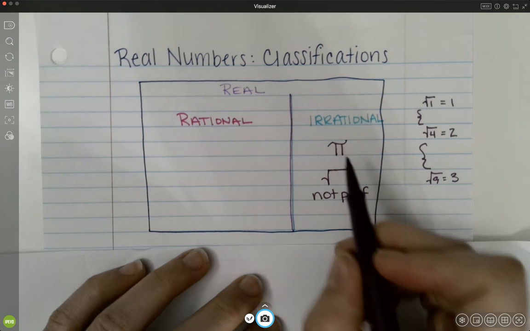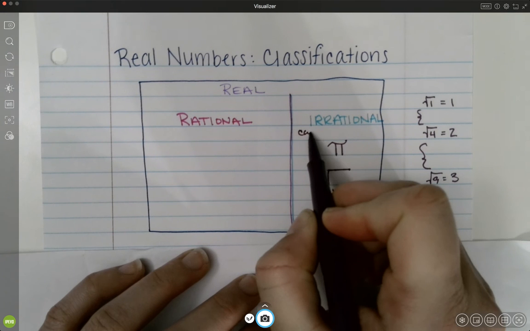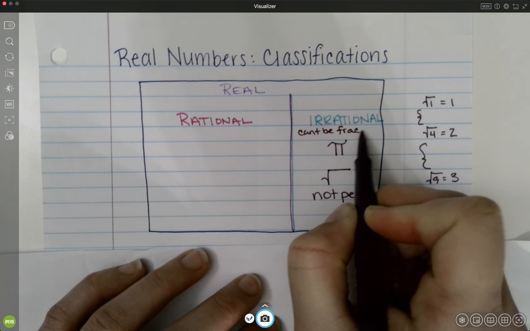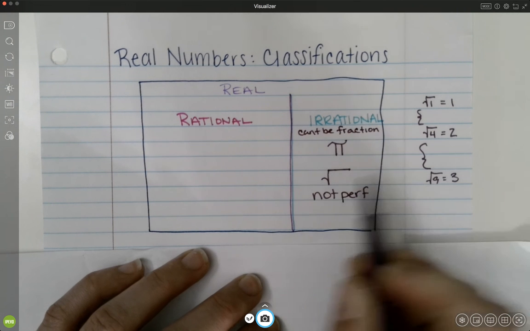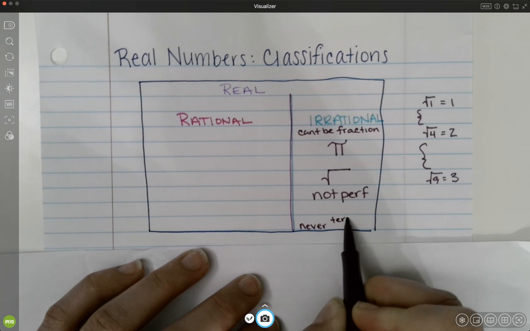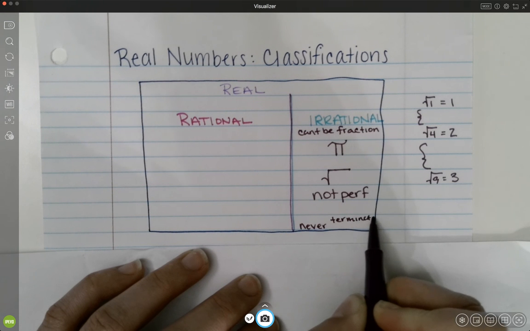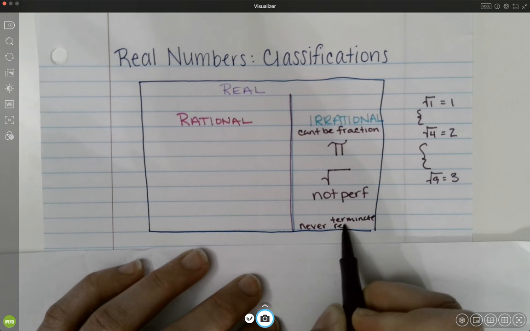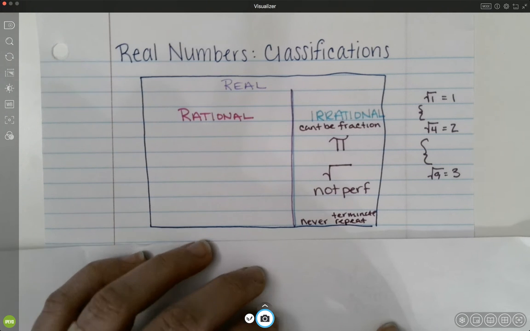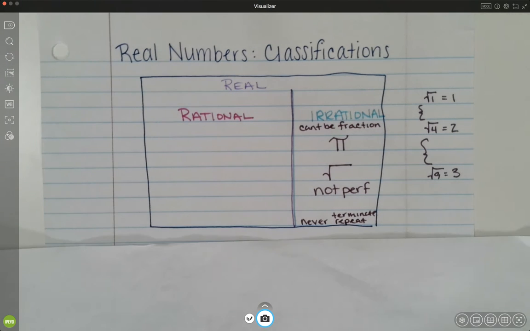Irrational numbers can't be written as a fraction. They never terminate, and they never repeat. That's what puts them in their own little island. Rational numbers are the opposite of this.